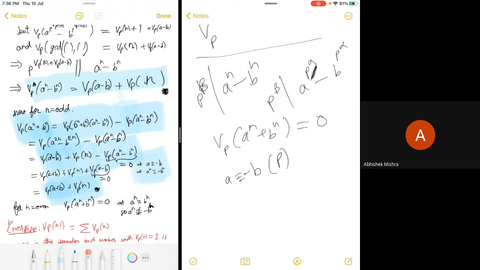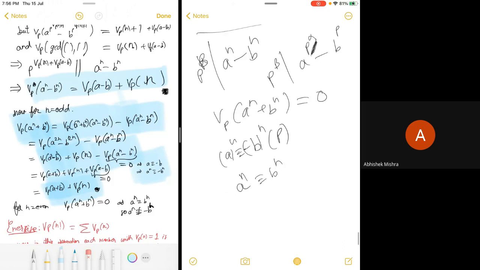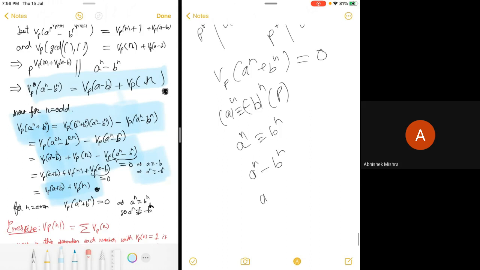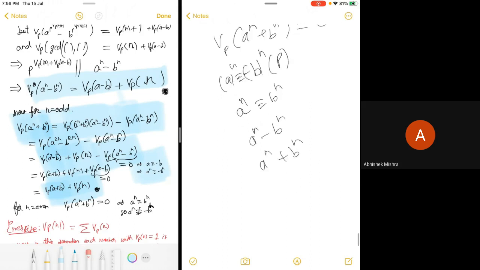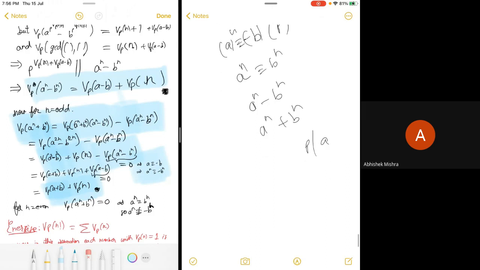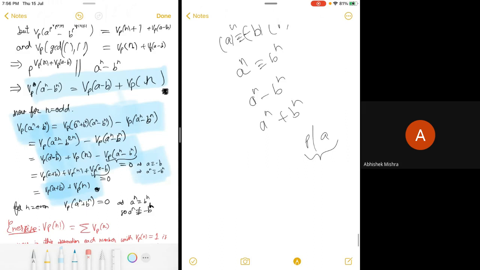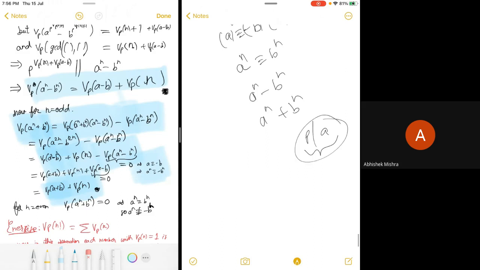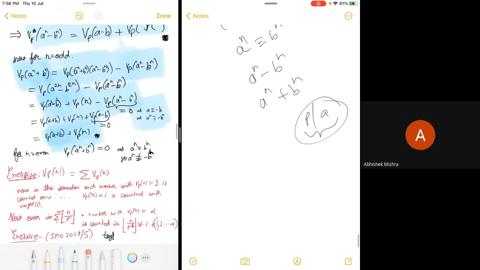That means that a to the n should be congruent to minus b to the n. So because n is even, a to the n is congruent to b to the n, because minus this cancels. So a to the n minus b to the n is divisible by p, and if a to the n plus b to the n is divisible by p, then just adding these we get that p divides a because p is odd. So this is a contradiction because a was coprime to p by definition.